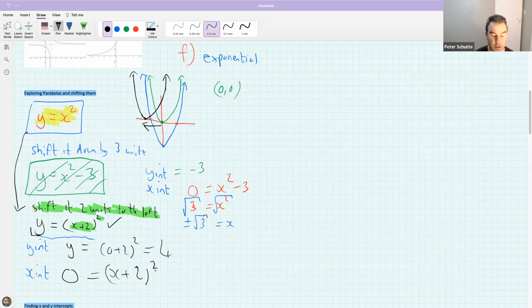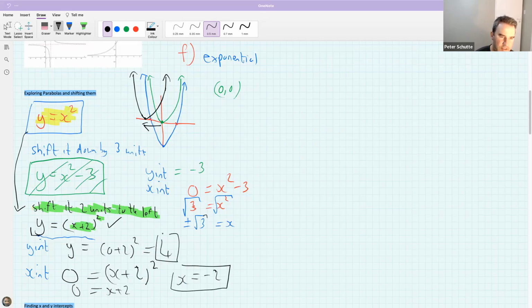So what I could do here is x plus 2 squared, I could square root both sides. And if I did that, I'll get x plus 2 is 0. And so then x must be equal to minus 2.